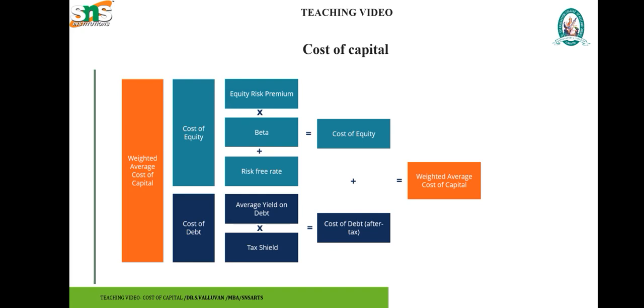So by using the CAPM model, we are arriving at the cost of equity, and also we are finding the cost of debt. Finally, we will be finding out the weighted average cost of capital.